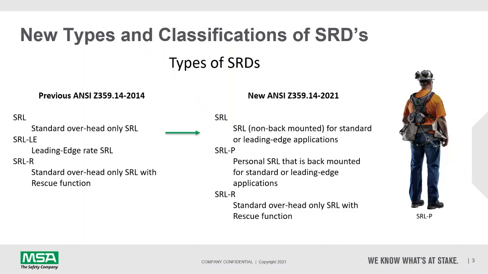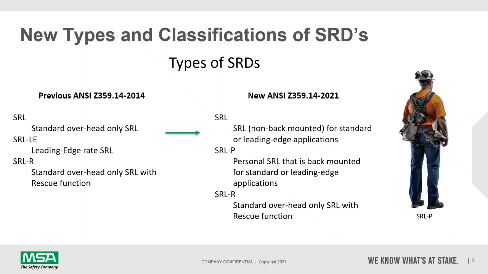Moving forward into the 2021 revision of the standard, ANSI is changing up those types a little bit. Still 3 types, but instead of SRL and SRL-LE, they're bringing those together into one type called SRL. And that is going to mean any type of SRL for non-back mounted, meaning SRLs that are longer lengths, the ones that you wouldn't wear on your back, for both standard overhead applications or leading edge applications.